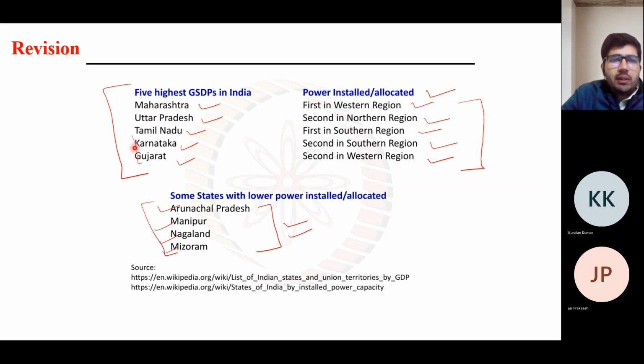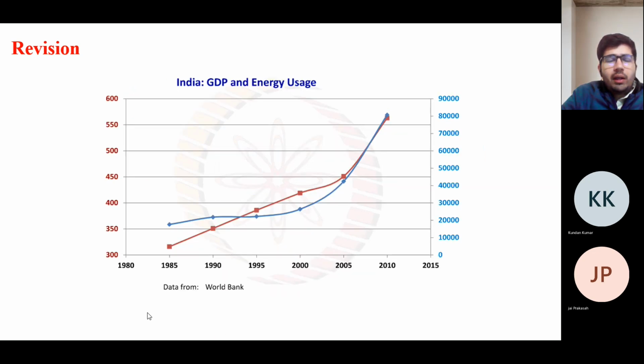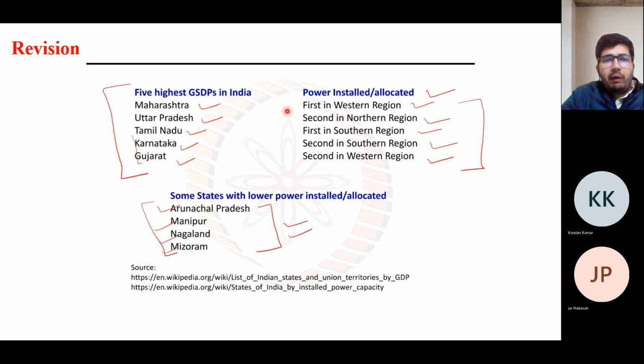Maharashtra, Uttar Pradesh, Tamil Nadu, Karnataka, and Gujarat have the maximum power allotted or installed as compared to other states. Some states have lower power installed, like Arunachal Pradesh, Manipur, Nagaland, and Mizoram. The GDP of these states is not as high as these 5 states. So this graph is indicating the correct results.